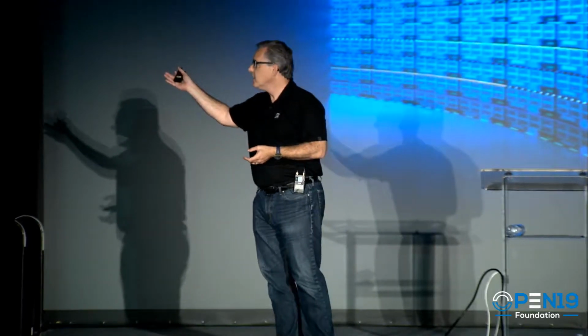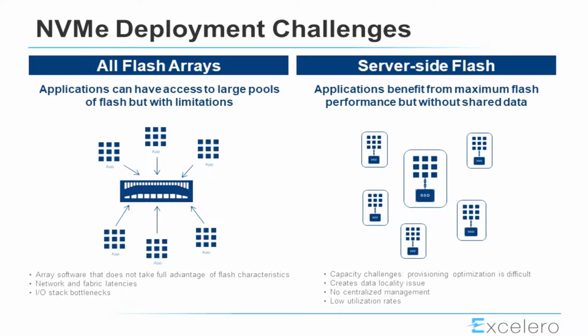So why would you want to do this? Very classically, NVMe deployment challenges today, you have two modalities. You can either do it in an all-flash array, and there's some people out there talking about that they're going to support NVMe. Great! How many IOPS can one NVMe drive do? Can anybody shout out, come on, participate, 1 million, 750? It's about 1 million IOPS. I think there's a Kingston drive now that's advertising it can do 1 million IOPS.